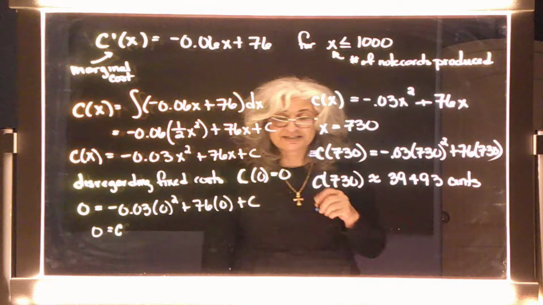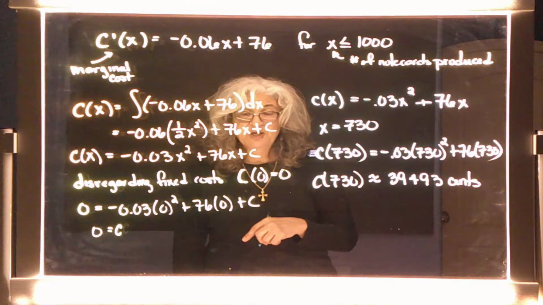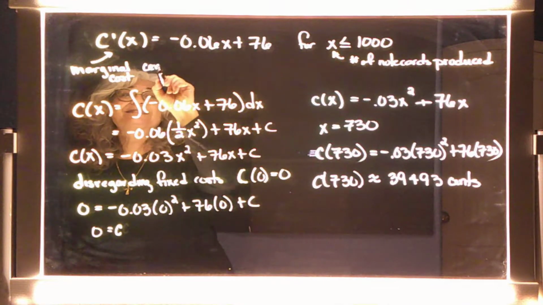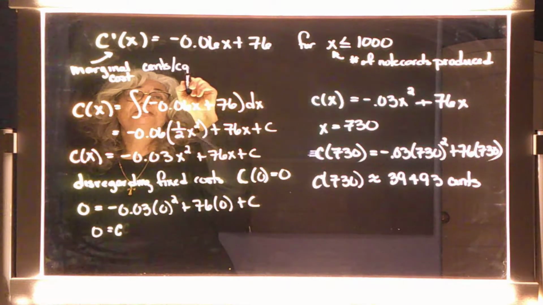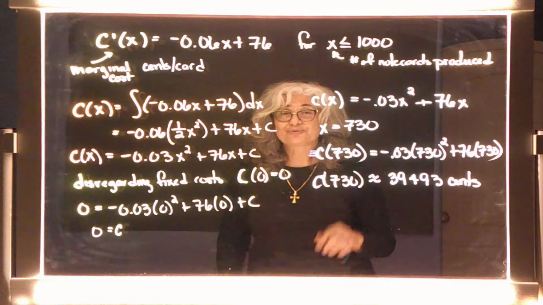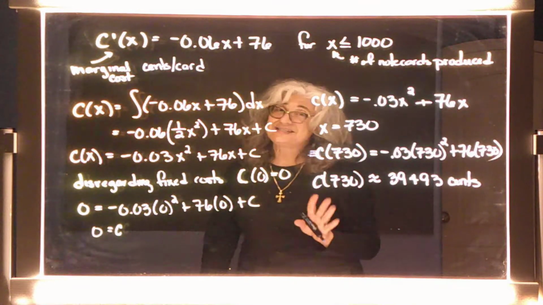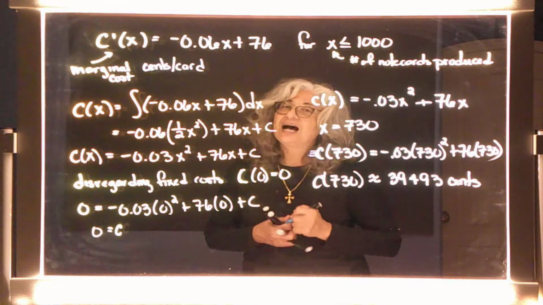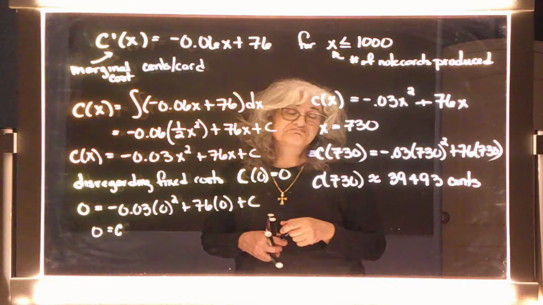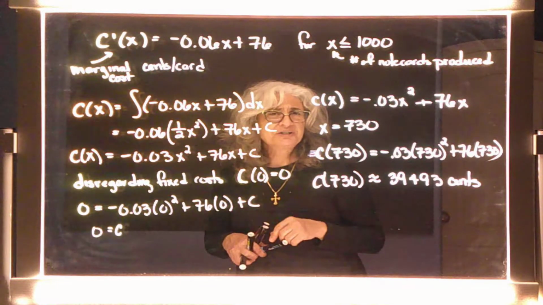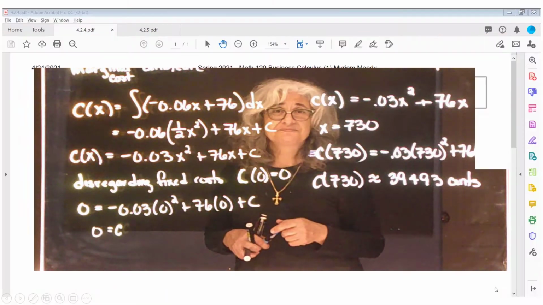Because this marginal cost was in cents per card. So this is 39,493 cents. They did not ask you to put it in dollars, but if they asked you to put it in dollars, I hope you know how to put it in dollars. Good? All right. Got another one. Surprise, surprise.